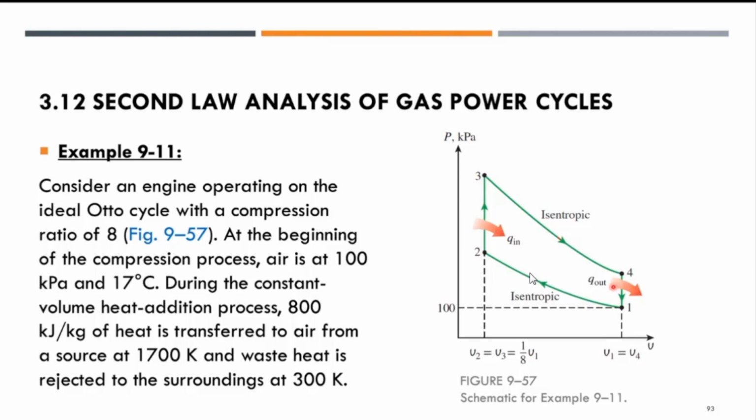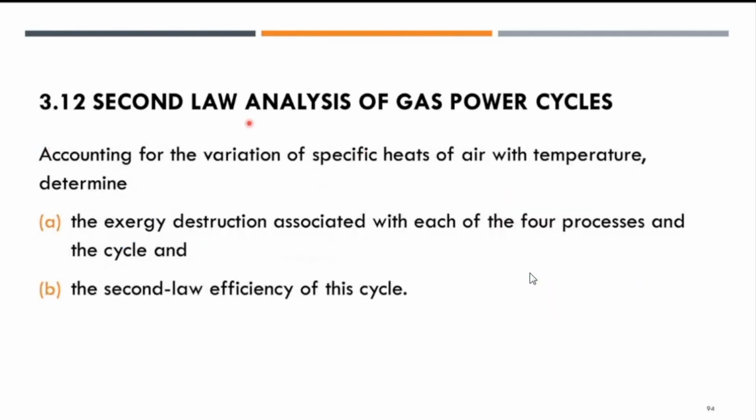The waste heat is rejected from 4 to 1, at a temperature of 300 Kelvin. Accounting for the variation of specific heat of air with temperature, you have to determine the exergy destruction associated with each of the 4 processes and the cycle, and then the second law efficiency of the cycle.